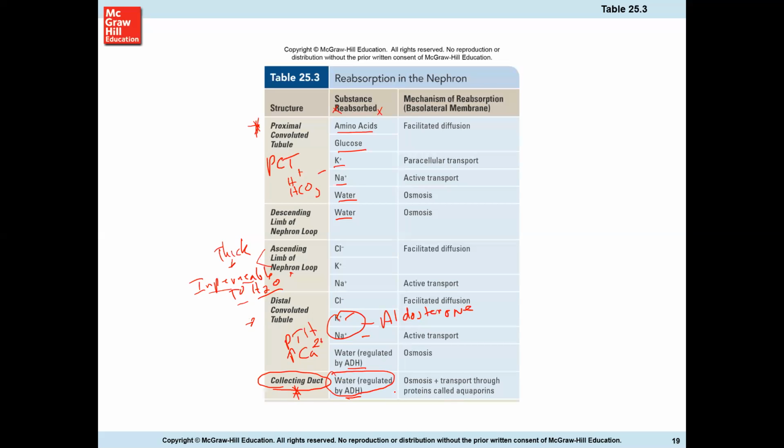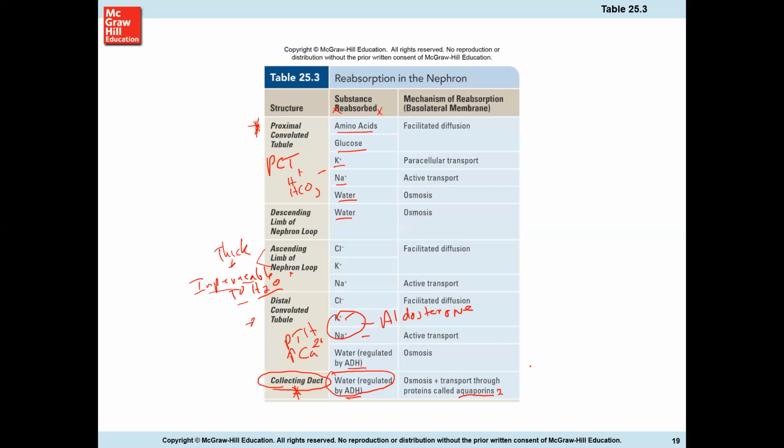So when ADH is released from your posterior pituitary gland, it targets the collecting duct to install these aquaporin tubes, which are passageways for water, and they increase in number when ADH is present. If ADH is not present, then your urine is going to be very diluted, too much water in your urine.